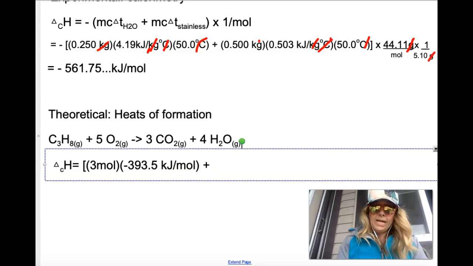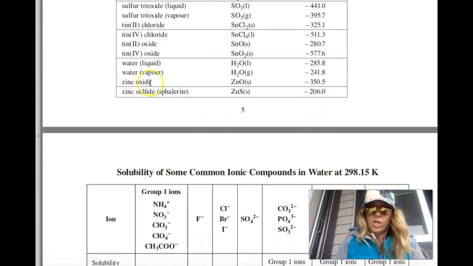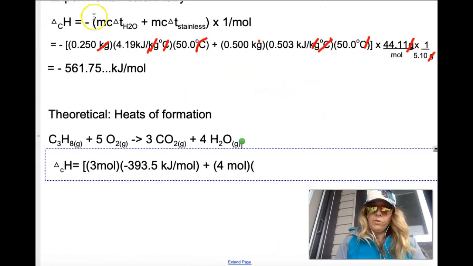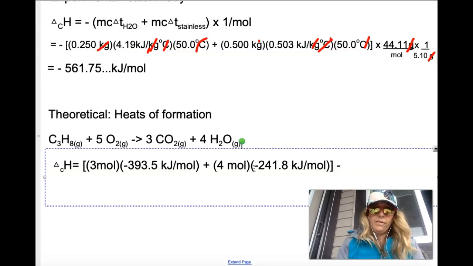Then we are going to add the 4 moles times, I want to say it was negative 241.8, but let's just check. Water vapor, yeah, negative 241.8 kilojoules per mole.